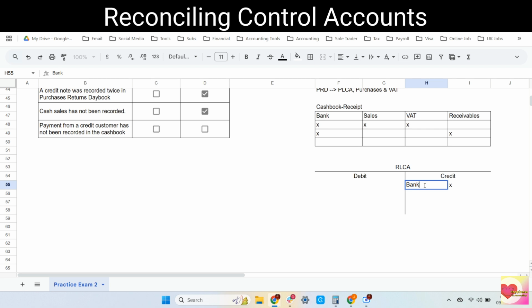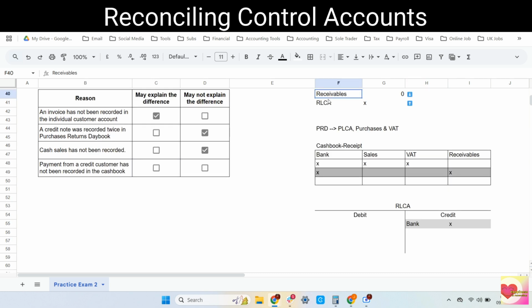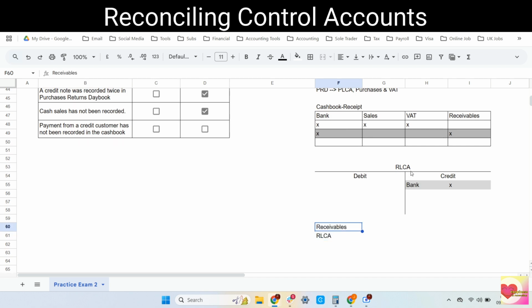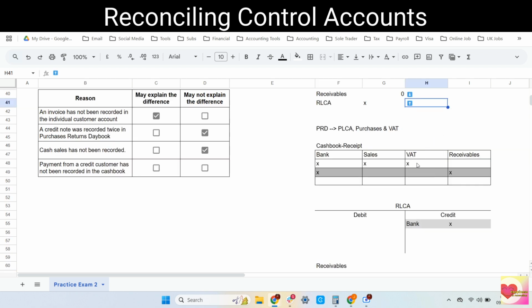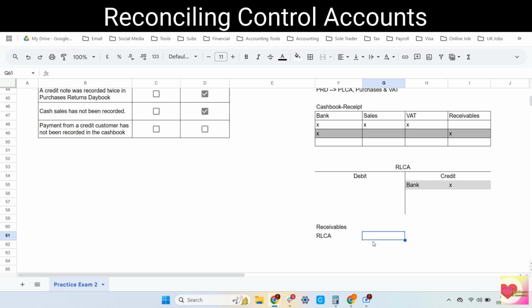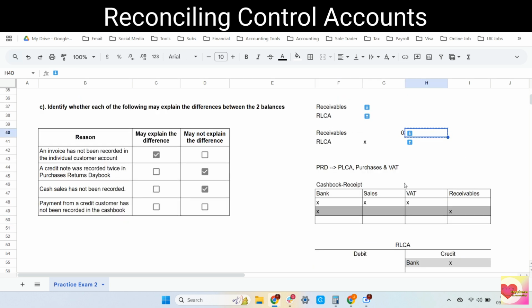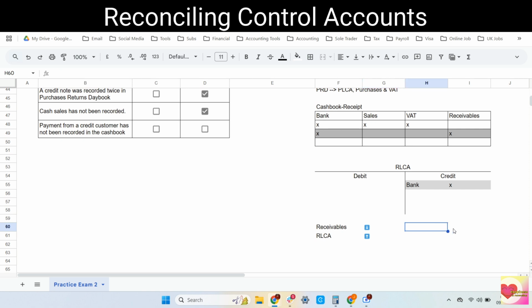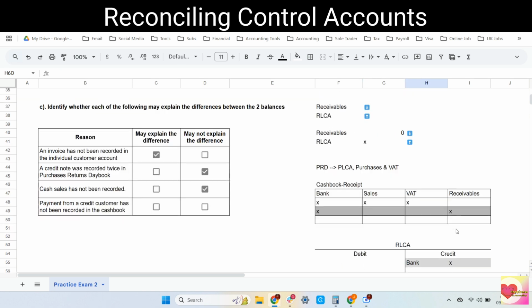But since this payment for our receivables was not recorded in our cash book, therefore not recorded in our RLCA, it means this payment did not decrease our RLCA, so our RLCA remains higher than it's supposed to be. So if the RLCA is higher, the receivables will be much lower. So this means it may explain the difference between the two balances.